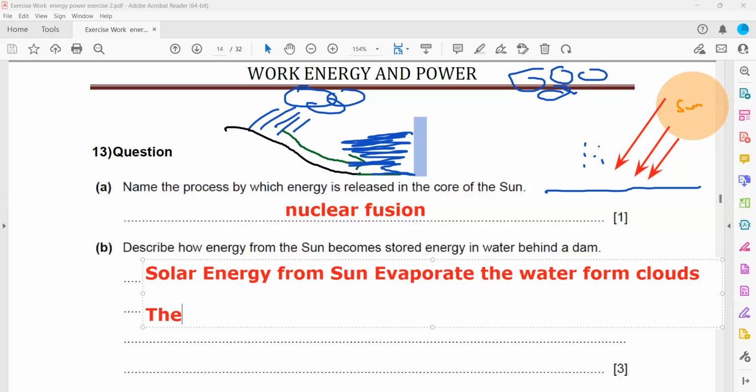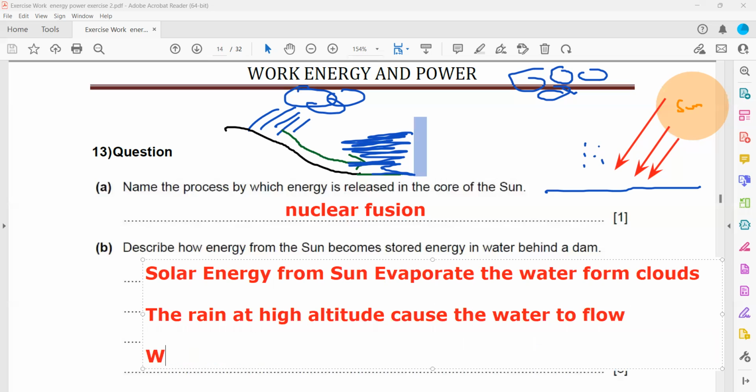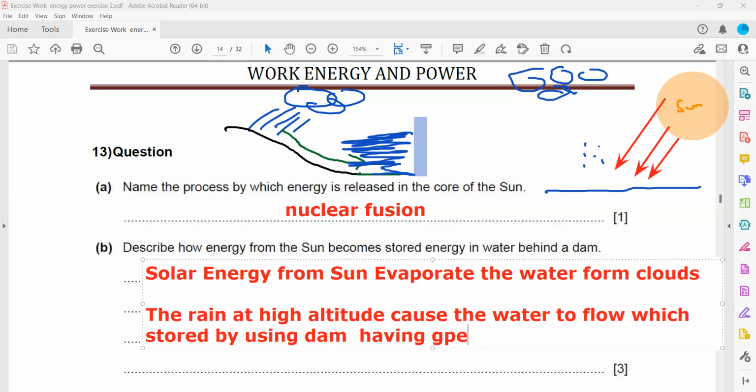You can also use the term precipitation, or the rain or the snow at higher altitude, which causes the water to flow, which is stored behind the dam, having gravitational potential energy. So these are the points you will mention.